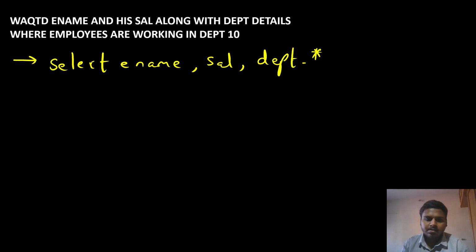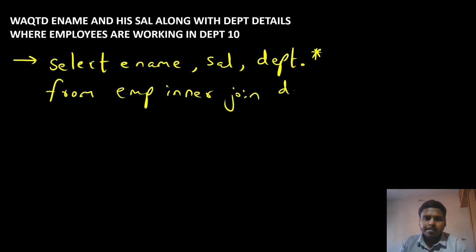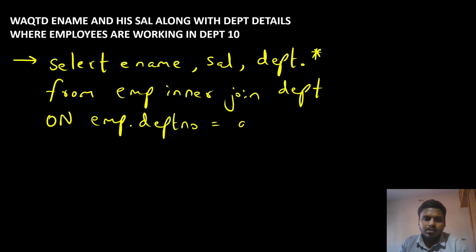From EMP inner join DPT. What is the join condition? On EMP dot department number is equal to DPT dot department number. This is the join condition.